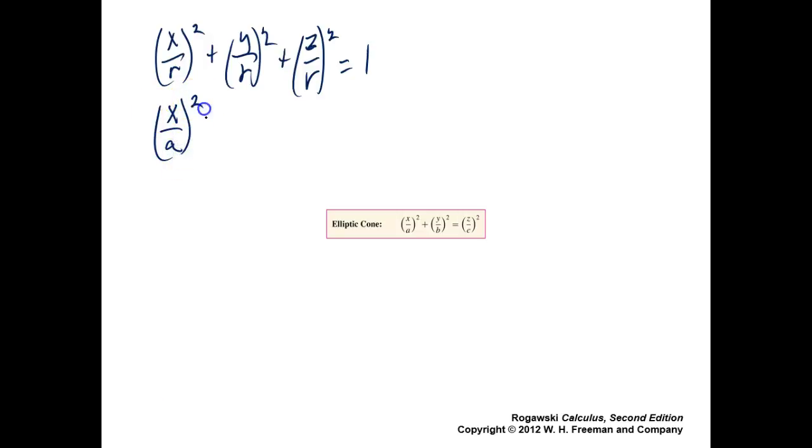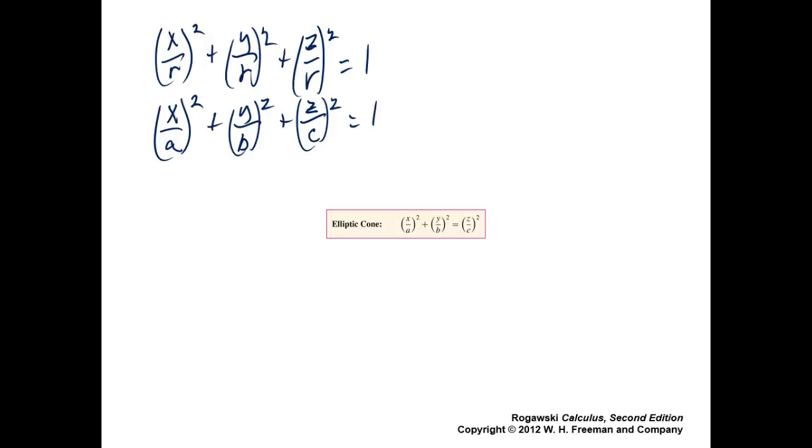Yeah, x over a squared plus y over b squared plus z over c squared, and that would be equal to 1. Okay? Next sort of general form. A sphere is enclosed, an ellipsoid is enclosed.